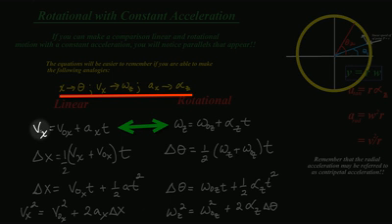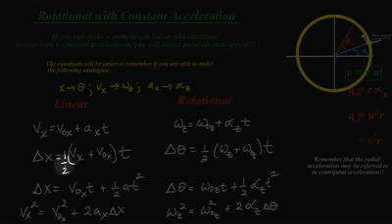Velocity in the x direction, this could be in y, doesn't matter, just velocity in general equals initial velocity plus acceleration times time. Well, since we're doing rotational coordinate system now, we're looking at angular velocity equals initial angular velocity plus angular acceleration times time.